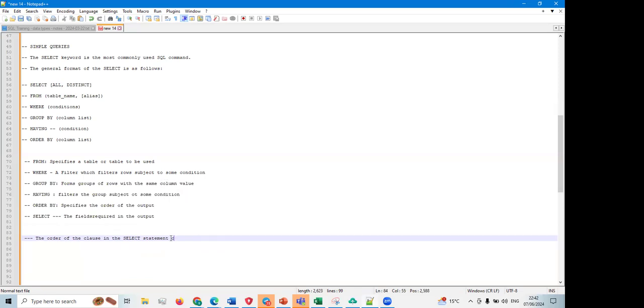Let me write this in caps so that the order cannot be changed. However, not all the keywords are mandatory.